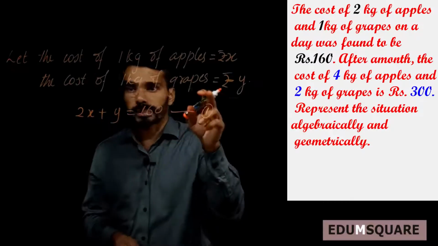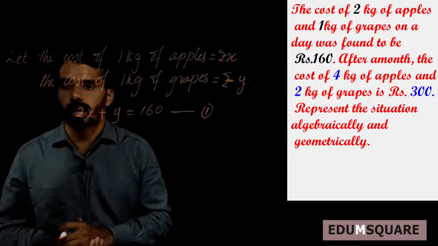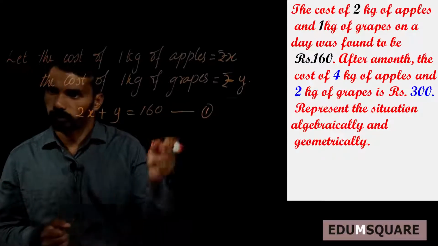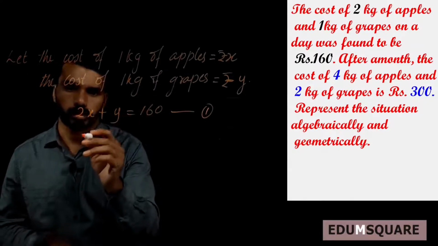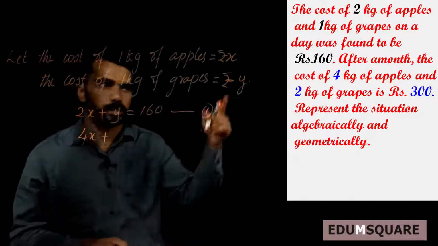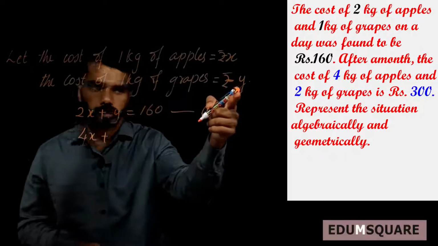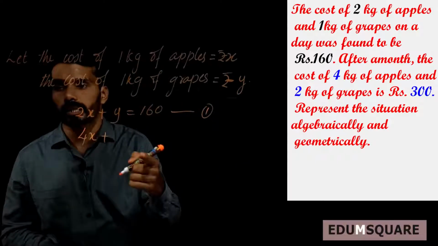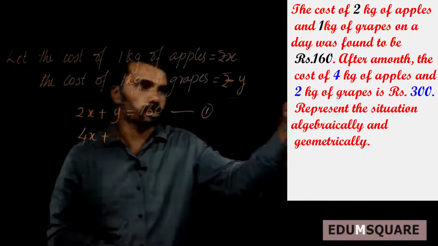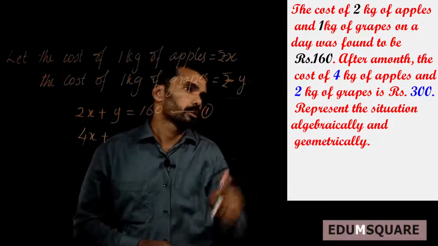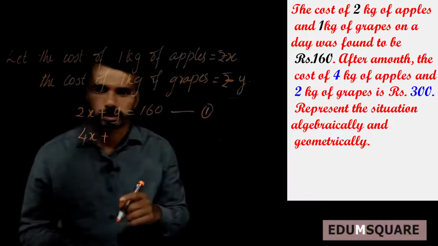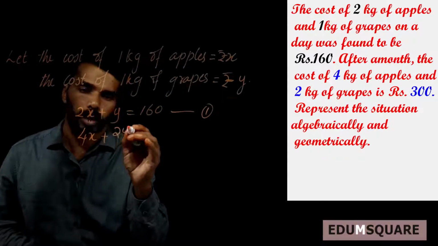So if X is the cost of 1 kg of apples, then the cost of 4 kg of apples is 4 into X, so it is 4x plus, then if Y is the cost of 1 kg of grapes, the cost of 2 kg of grapes will be 2y.